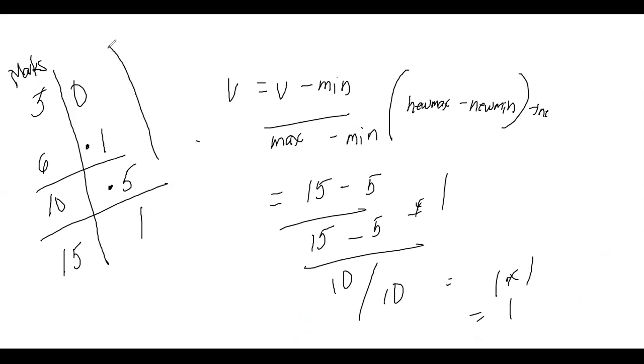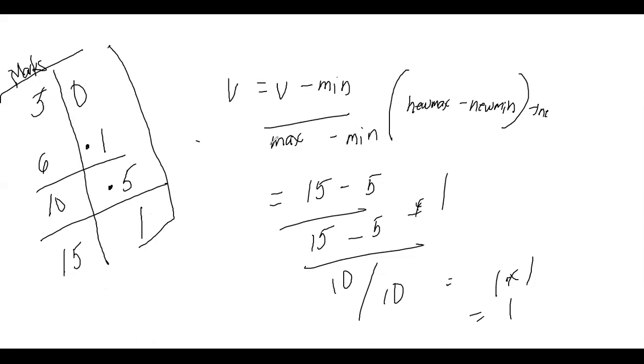So this is our new normalized data. So 5 becomes 0, 6 becomes 0.1, 10 becomes 0.5, and 15 becomes 1. That is the computation on how to normalize data using the min-max normalization.